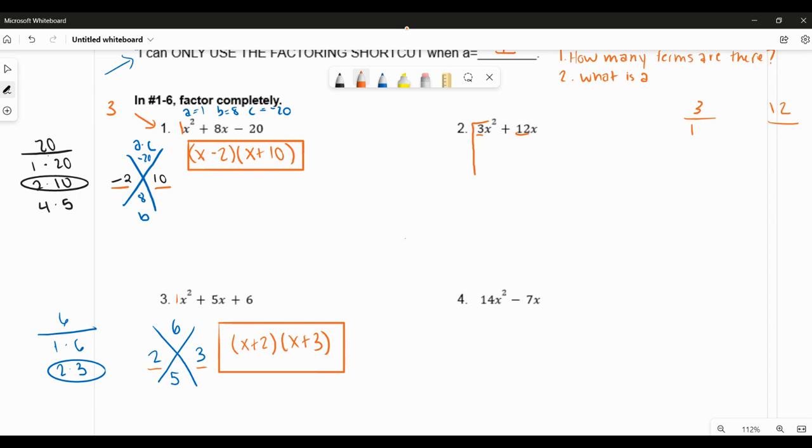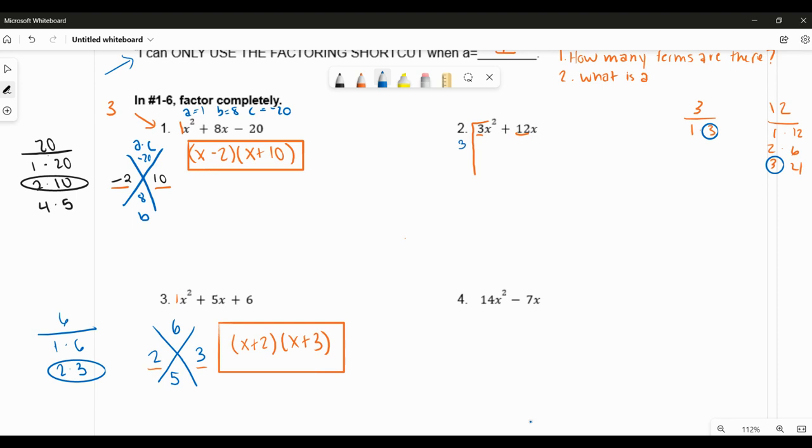Well, 3 is 1 times 3. 12 could be 1 times 12 or 2 times 6 or 3 times 4. Basically, the greatest common factor is the biggest number that shows up on both of my two lists right there. So if I look here, 3 is the biggest number on that list. Oh, and guess what? It shows up here. So the greatest common factor of 3 and 12 is 3.